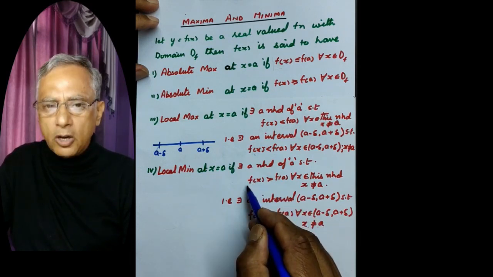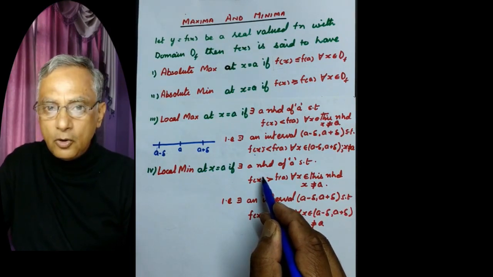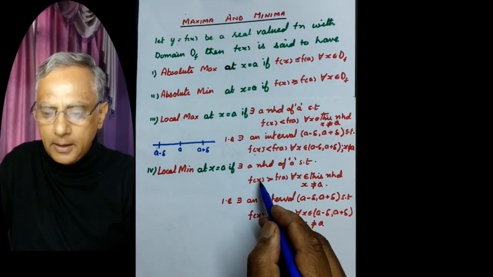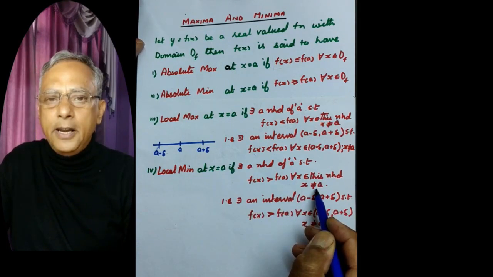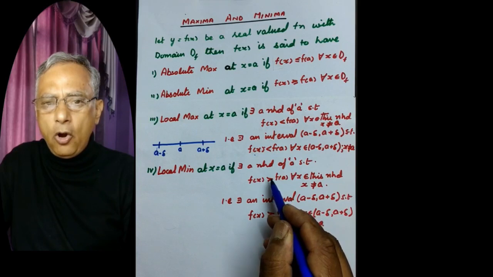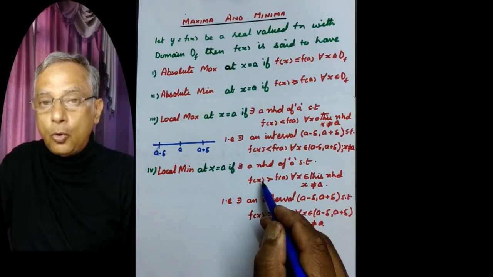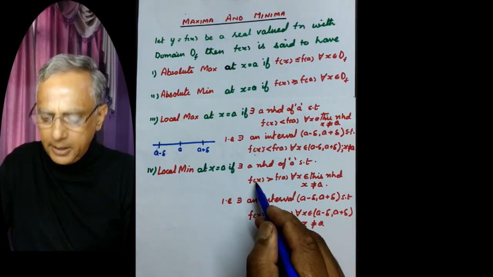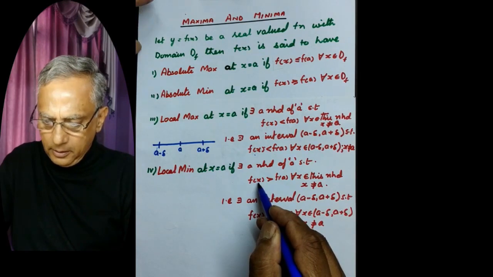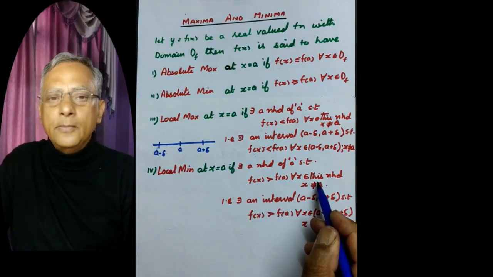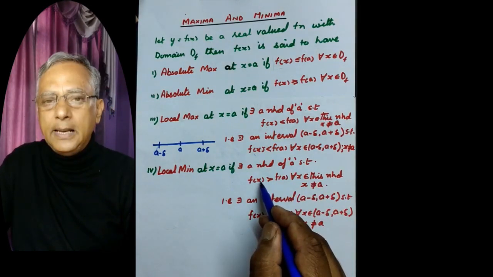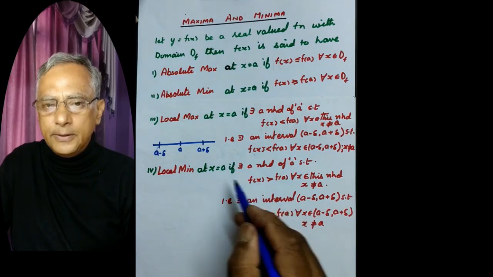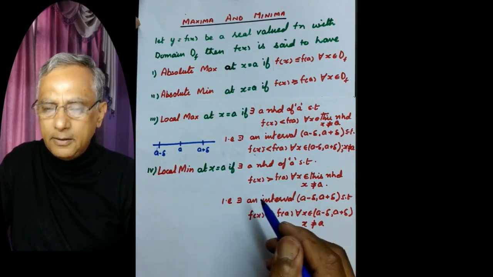Therefore it should be smaller than all other values, though not throughout the domain. f(a) should be less than f(x) only in this neighborhood. It may not be less than other values throughout the domain, but there must be some neighborhood in which this is less than all other values. Then it is the local minimum.